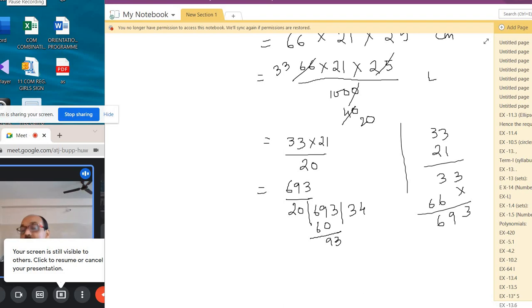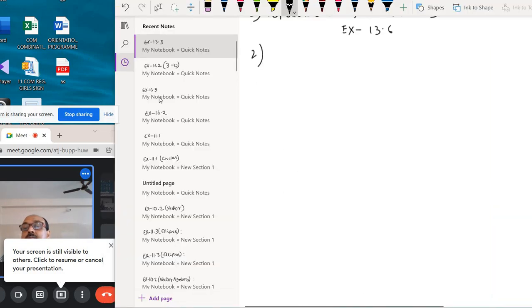Next, exercise 13.6, question number 2. The question is, the inner diameter of a cylindrical wooden pipe is 24 centimeter and its outer diameter is 28 centimeter. So one cylindrical wooden pipe, inner and outer diameter are given. The length of the pipe is 35 centimeter.